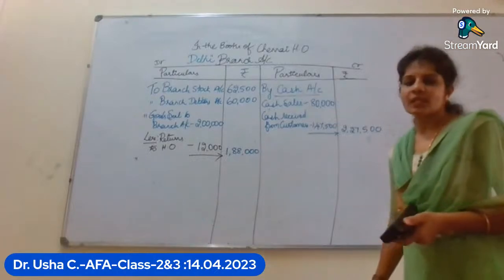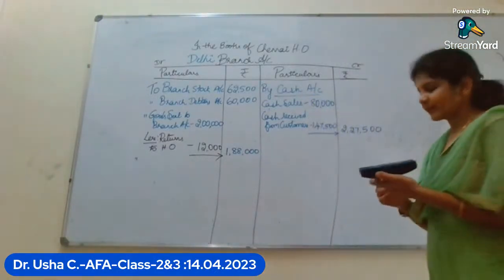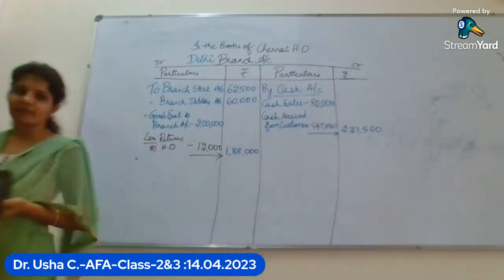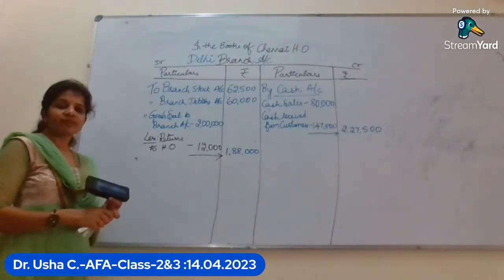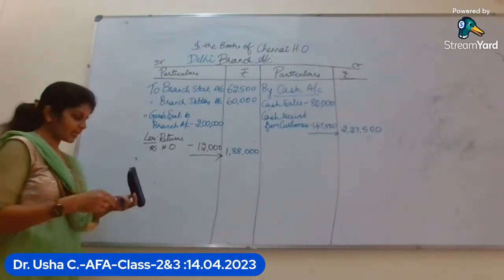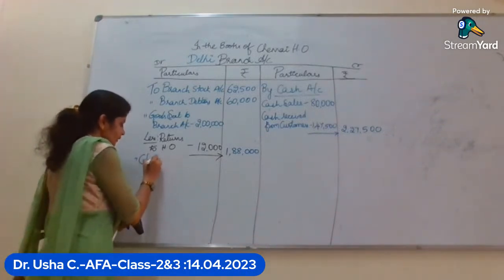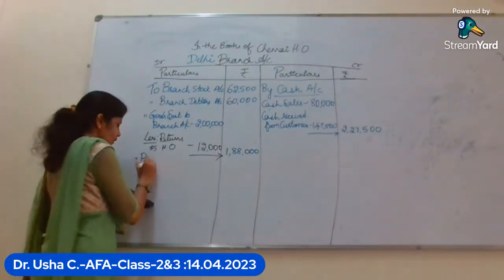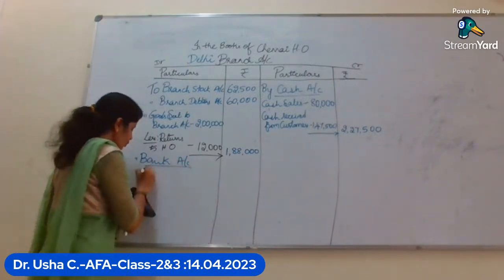Next item is check received from the head office. See, check received from the head office means the branch is receiving the amount by check for meeting the various expenditures, which is sent by the head office. So what entry we have to pass for that: check to bank account, for what?